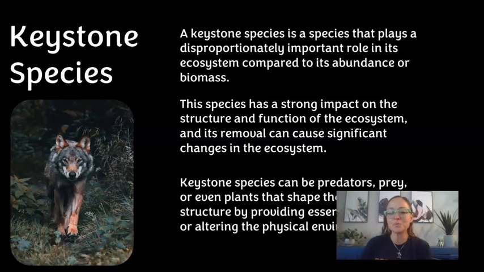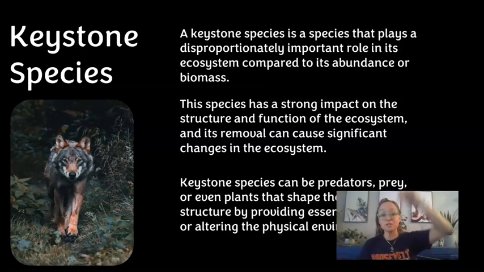So for example, in the wolves of Yellowstone, when they were absent for 70 years, the elk population increased exponentially, overgrazing the plants, and as the elk population underwent exponential growth, that meant less primary producers for other herbivores. So other herbivore populations declined, which meant less food for your secondary consumers. And basically this exponential growth of elk caused negative impacts on a number of other species and their population sizes.